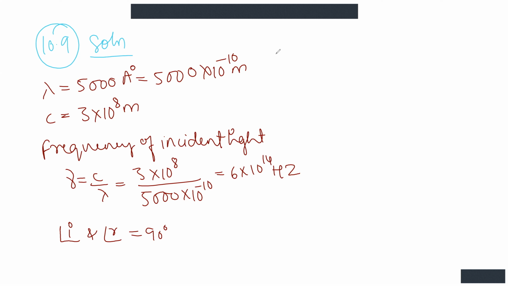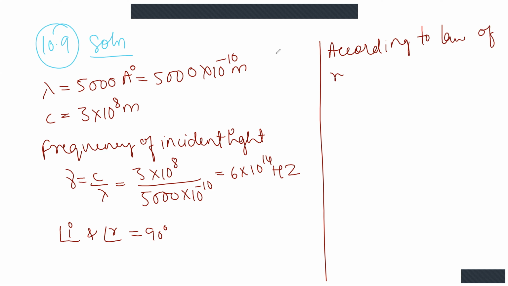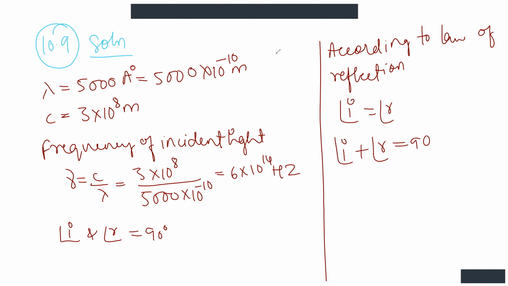According to the law of reflection, angle of incidence is always equal to angle of reflection. Already we know. Hence the sum of angle of incidence plus angle of reflection is equal to 90 degree. Angle of incidence plus R is nothing but twice the angle of incidence, so that is equal to 90 degree.